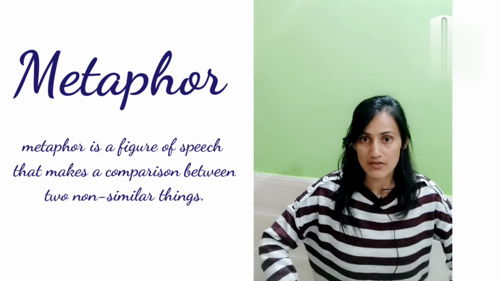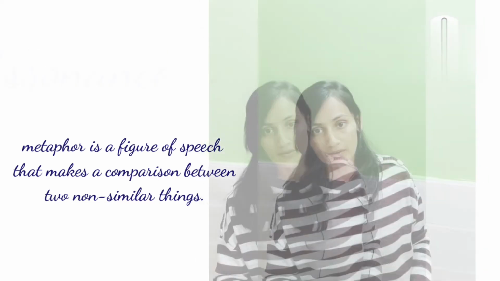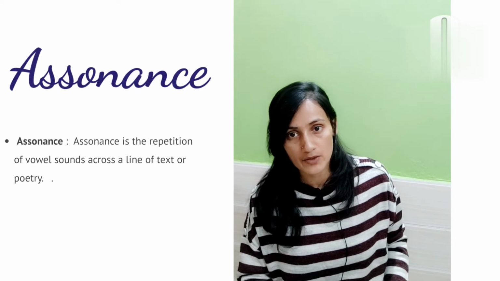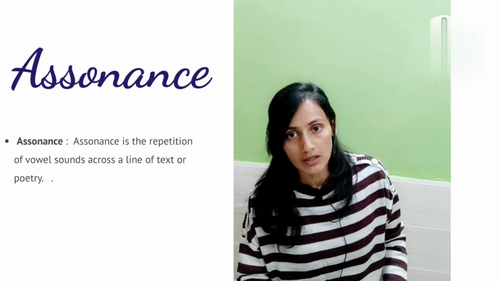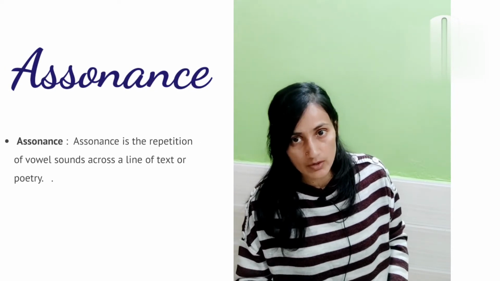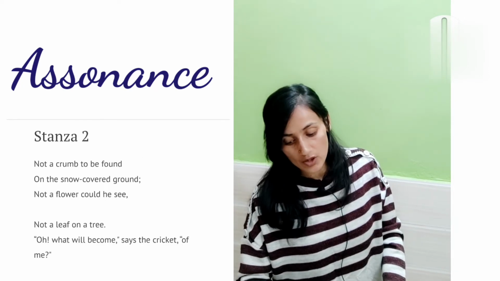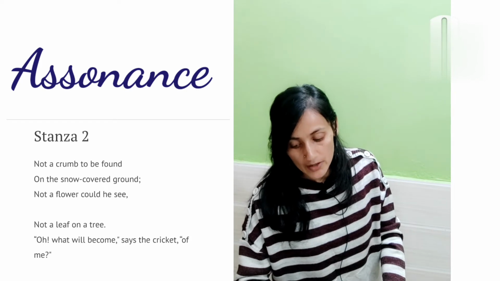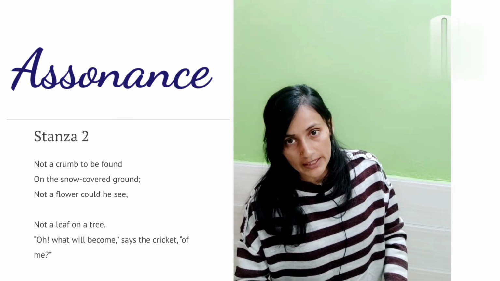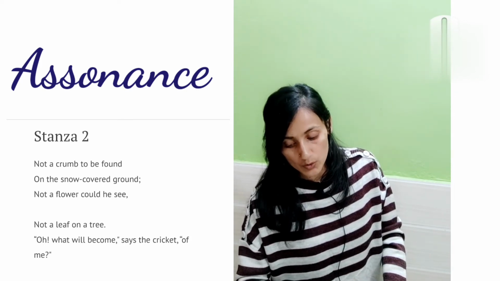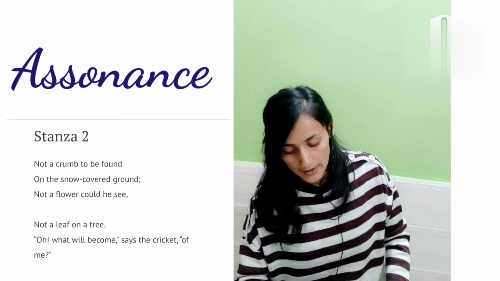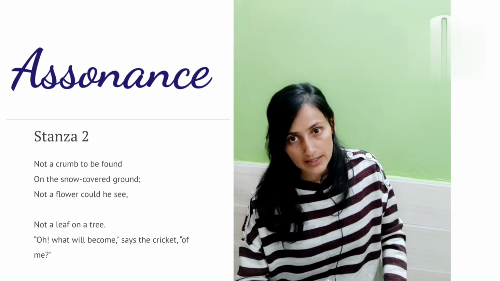So that's metaphor here. Next poetic device is assonance. When there is a prominent vowel sound, then it is assonance. He, she, may. In all those three words, the E sound is common. That's assonance. In the second stanza, we see not a flower could he see, not a leaf on a tree. In those two lines, the third and fourth line, there is a prominent E sound.